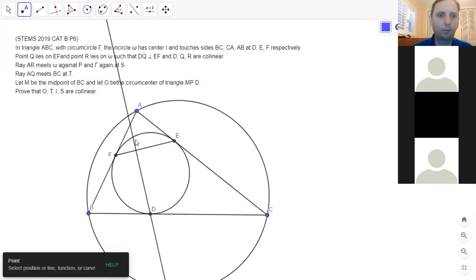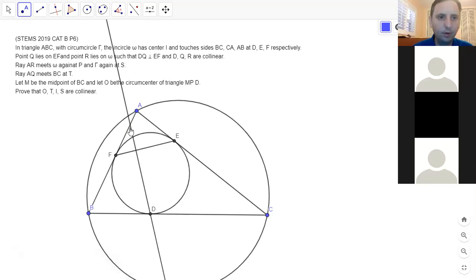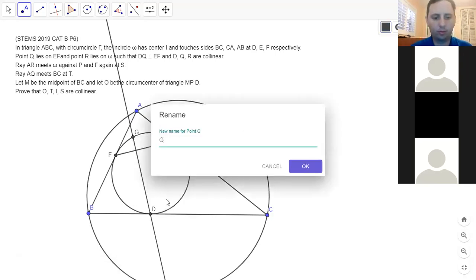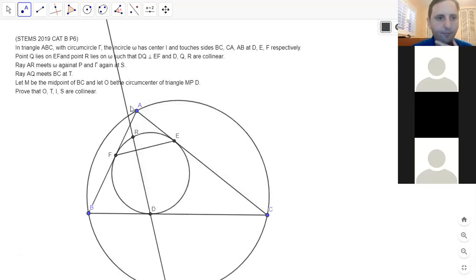Well, I was going to say IMO 2019 number 6, but not exactly. So R lies on the circle. So this is R. R lies on the incircle.